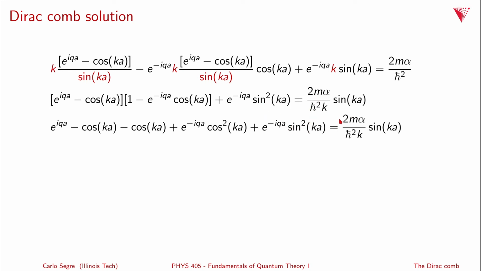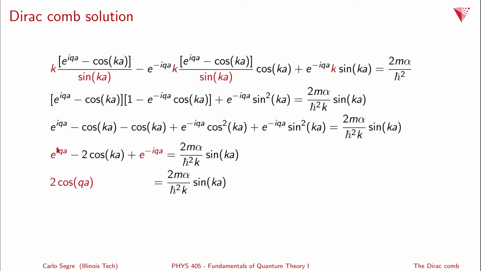And then on the right side, we have what we had before, which is 2m alpha over h bar squared k sine of ka. Well, clearly, these two terms have the same prefactor. Cosine squared plus sine squared is equal to 1. So we get e to the minus iqa. We have e to the iqa minus 2 cosine ka plus e to the minus iqa is equal to 2m alpha over h bar squared k sine of ka.